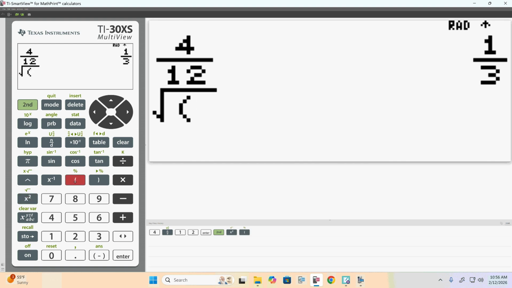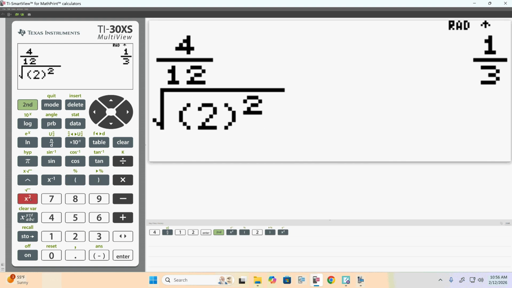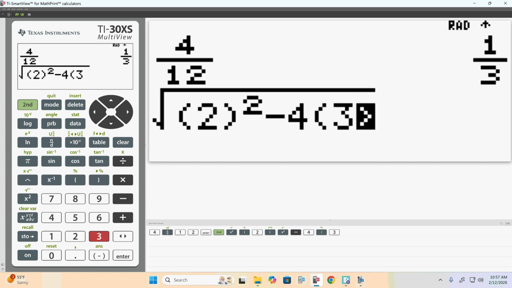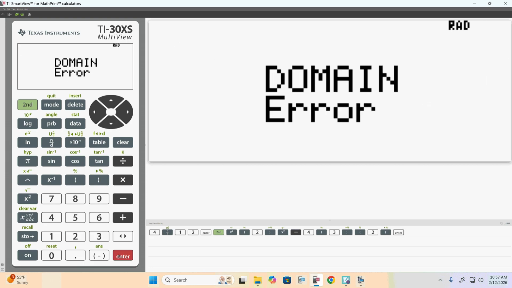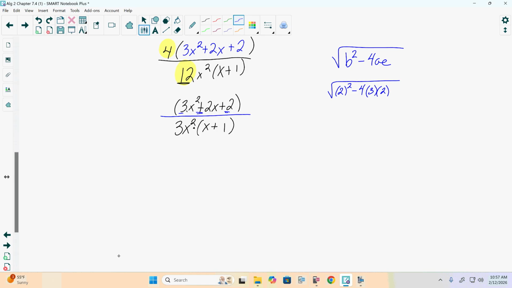Square root of positive 2 squared minus 4 times 3 times 2. Domain error. So that tells me that the solutions are complex, which means it doesn't factor, because we can only factor quadratic equations that have rational solutions. As far as it goes, that is simplified. Questions on this here?